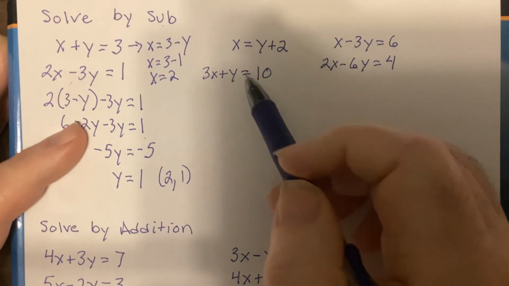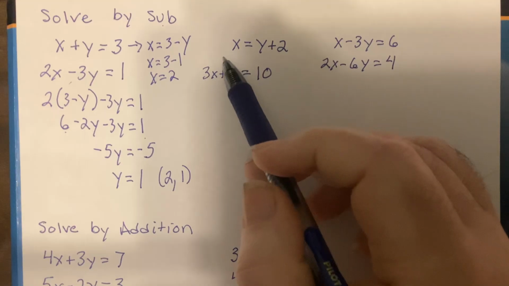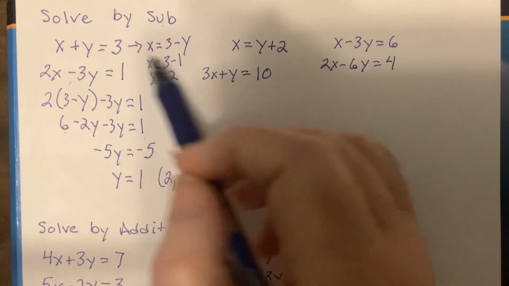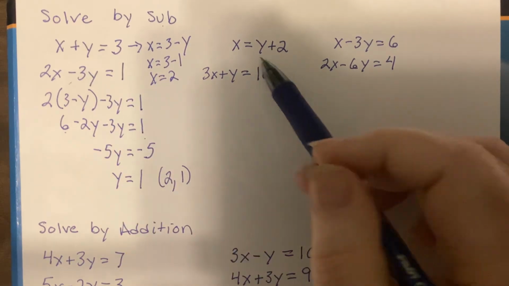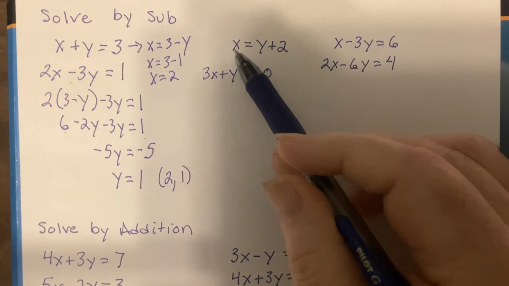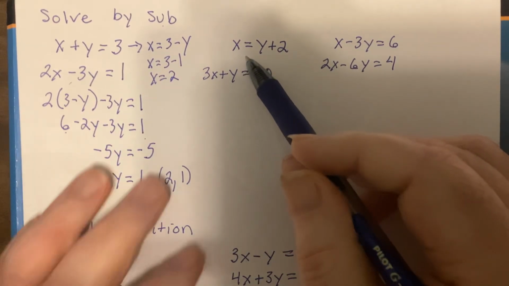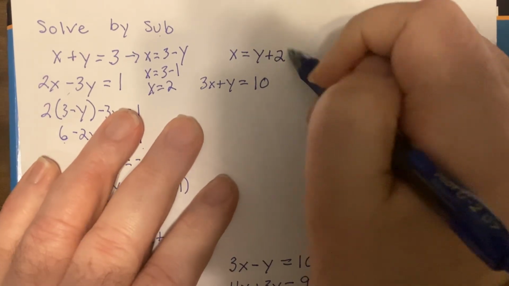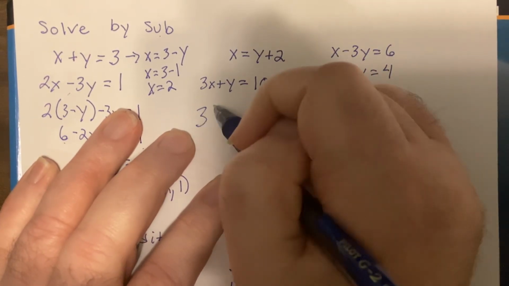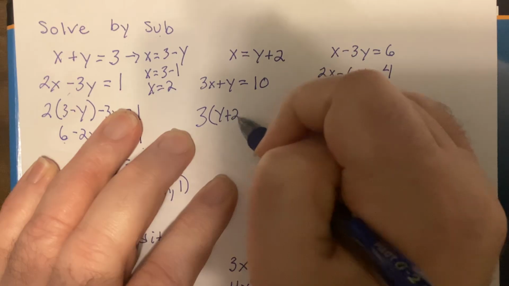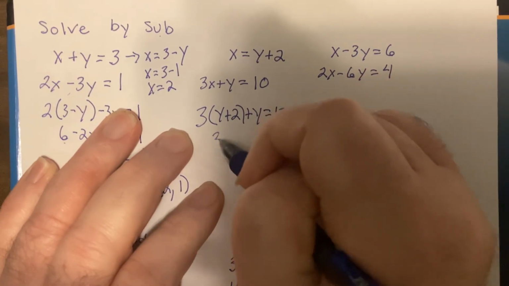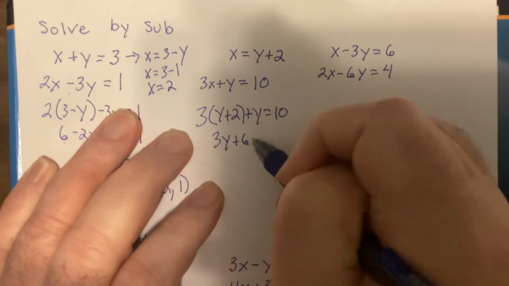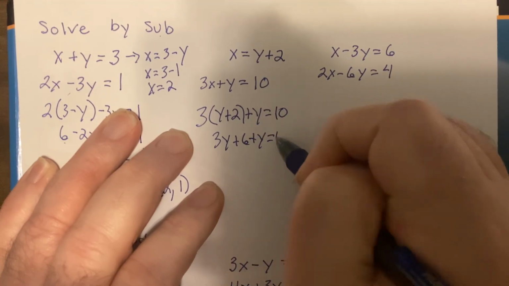Now notice, substitution's easier for these problems because you got a 1 in front of the x, also in front of the y. Here, this is already solved for x. So I'm going to take this and just put it right in there. 3y plus 2 plus y equals 10. 3y plus 6 plus y equals 10.